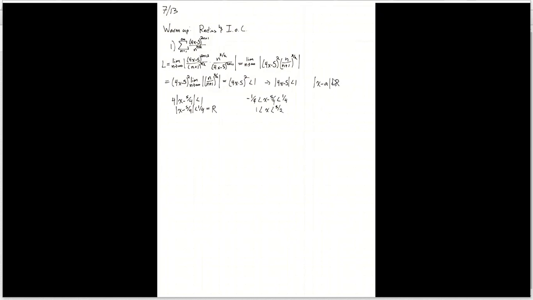Okay, so now that we have this interval of convergence, we're still going to need to check these endpoints, right? So endpoints. When x is 1, we have the sum from 1 to infinity of negative 1 to the 2n plus 1 over n to the 3/2.